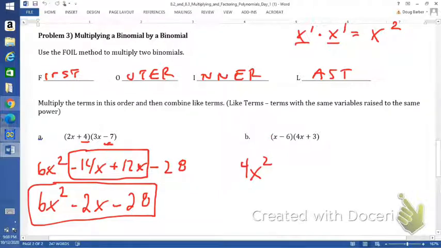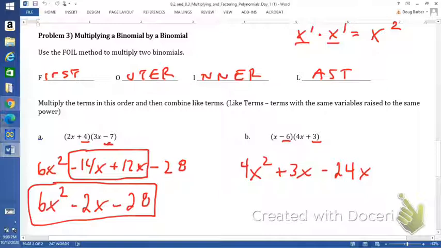Then I'm going to multiply the outer terms. X and 3 gives me a 3x, positive. Now the inner terms. Negative 6 and 4x, that's going to be a negative 24x. And then finally, negative 6 and a positive 3.